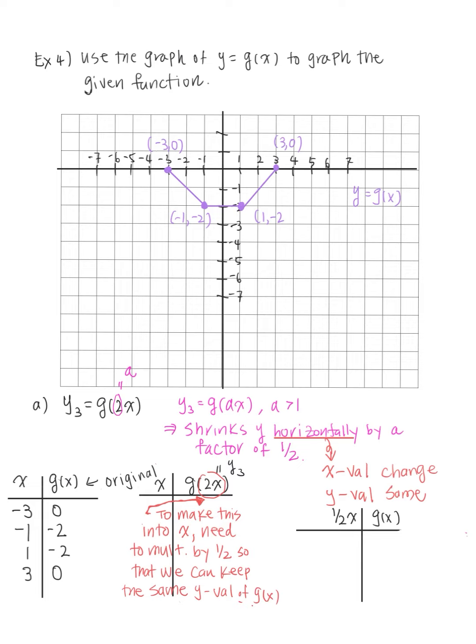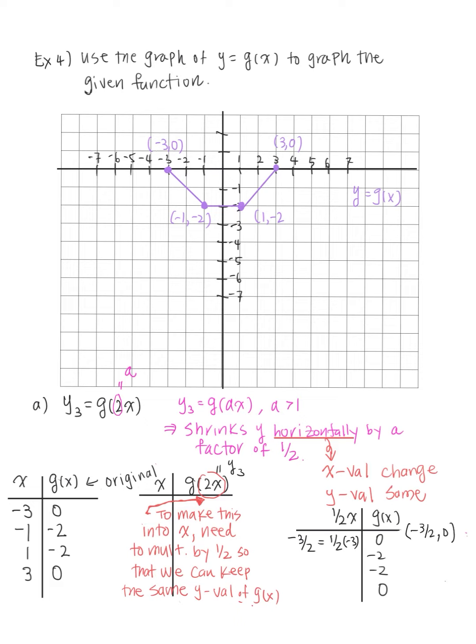So let's do it. Let me just write down the y values for g of x. That's 0, -2, -2, and 0. Now we're going to have 1/2 times x, so we multiply each of the x values by 1/2 to get the new x values. The first one is 1/2 times -3, which is -3/2. Oh no, I'm running out of room. So here we need to plot -3/2 comma 0.